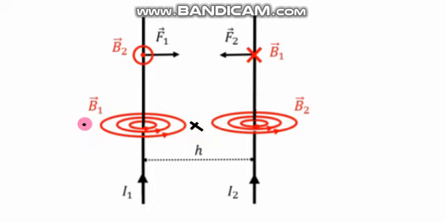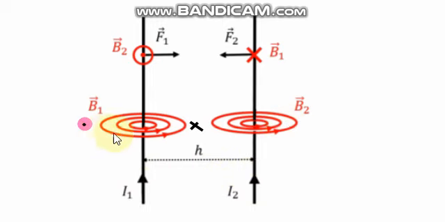Now come to the magnetic field produced by the current I2 in this wire segment, and that magnetic field is given by B2. And again we will use the right hand rule to determine the direction of B2 produced by I2. It will give us the same direction because the direction of the current I2 is the same as that of I1.